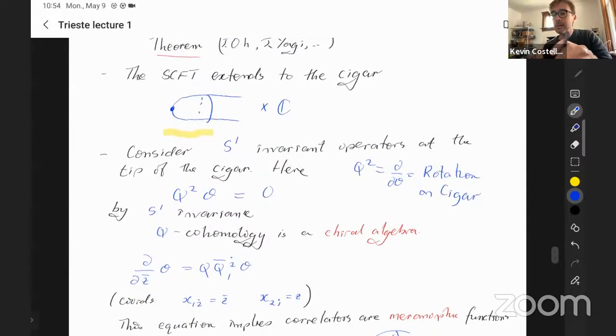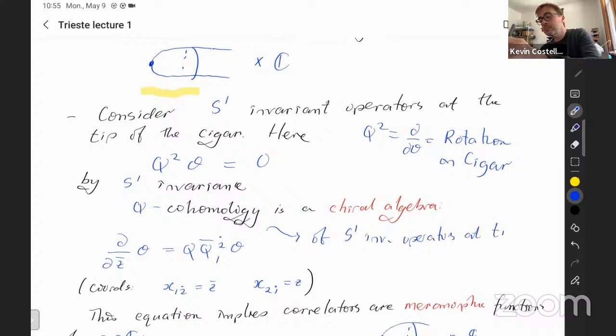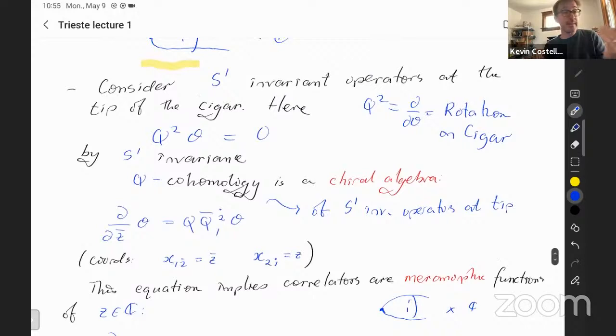So then we can consider the Q cohomology of the S1 invariant operators at the tip. And this is going to be the chiral algebra.